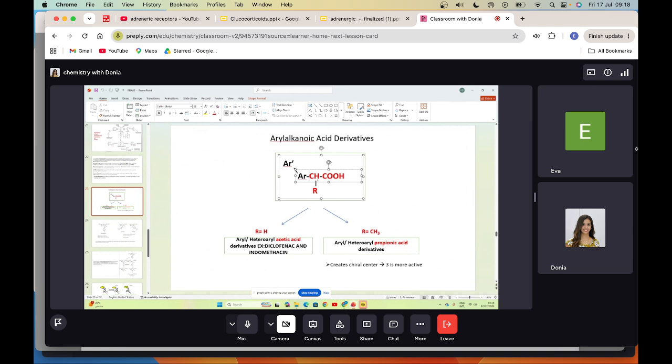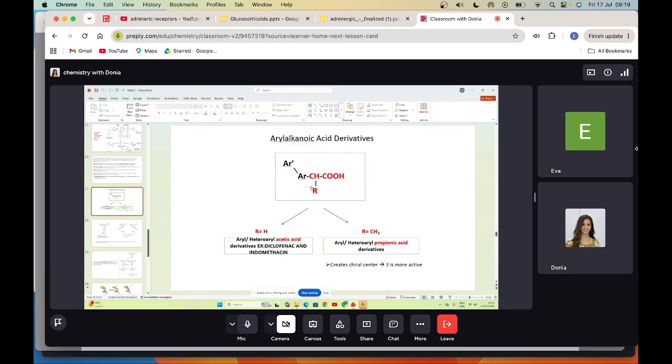R, COOH, and the aromatic ring. So this carbon will be a chiral center, and I would have R and S enantiomers. The active one is the S enantiomer. If we have a CH3 here, we are going to have three carbons: this carbon, the second, and the third for the carboxylic acid.